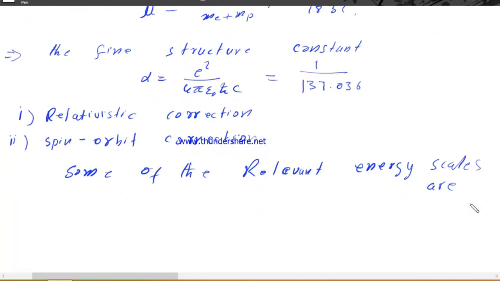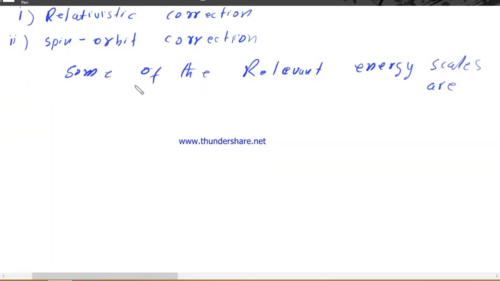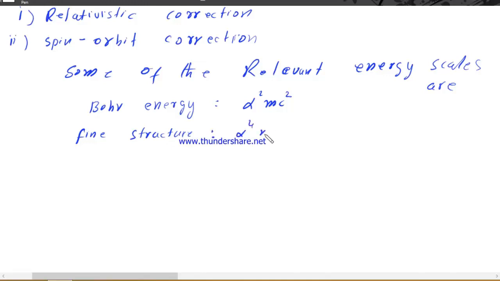The first one is the Bohr energy, which is of the order of alpha square mc square, and the second one is the fine structure, which is of the order of alpha 4 mc square.